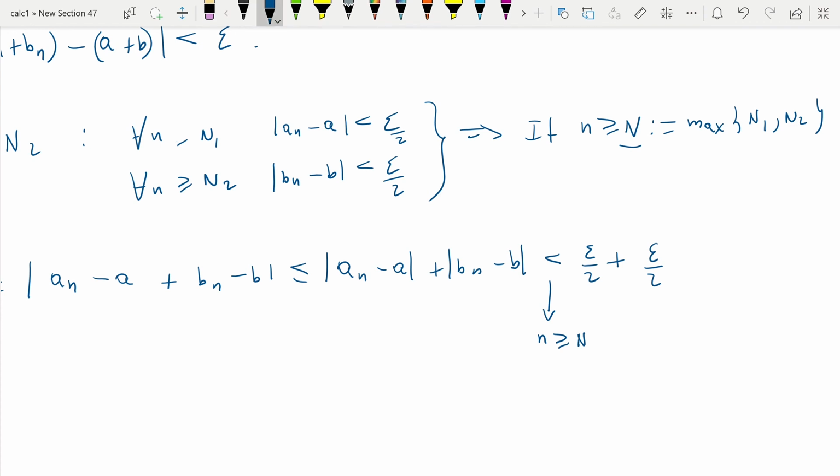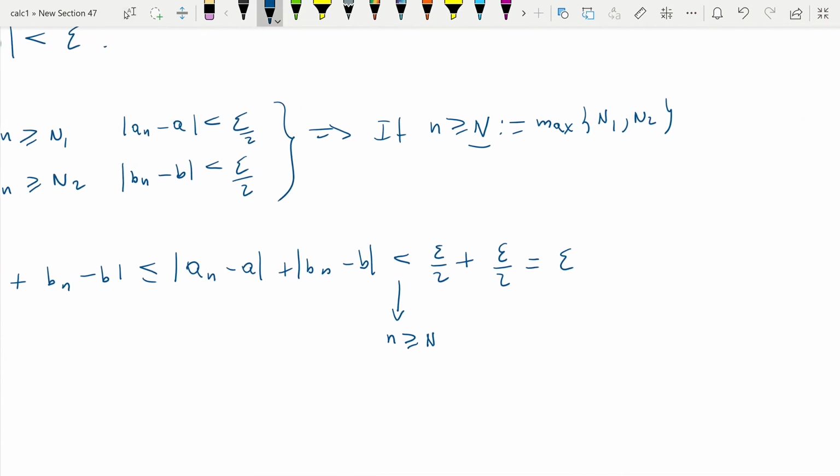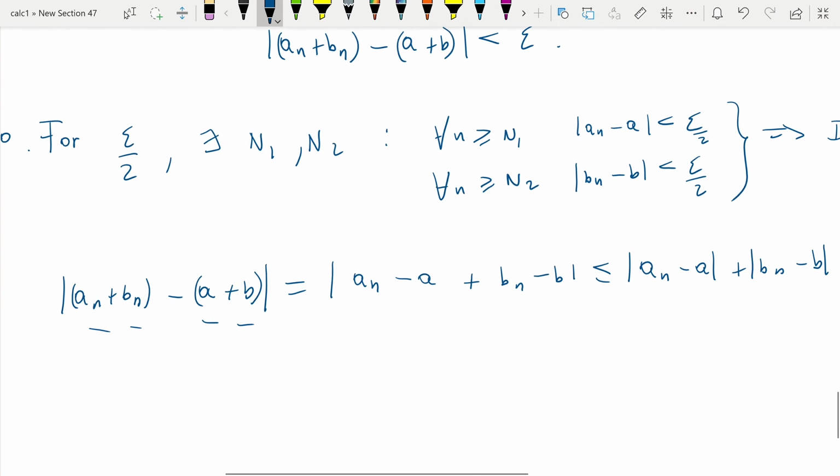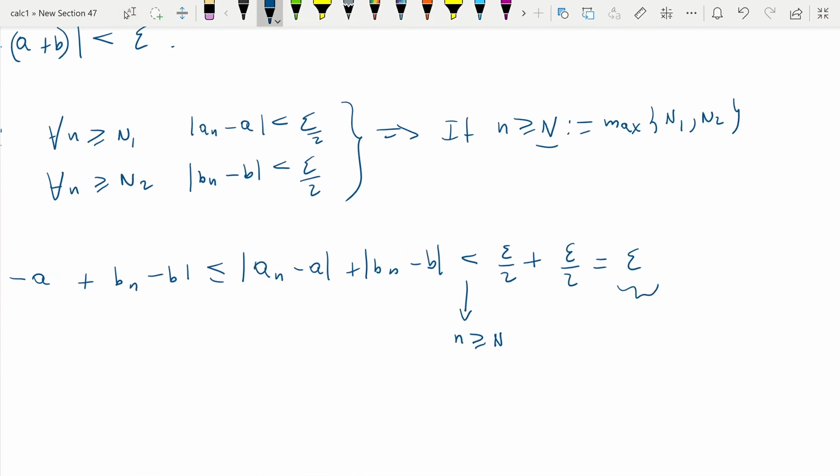So that means this difference here at the beginning is going to be less than epsilon for values of n greater than or equal to N, which is what we wanted to show, right?